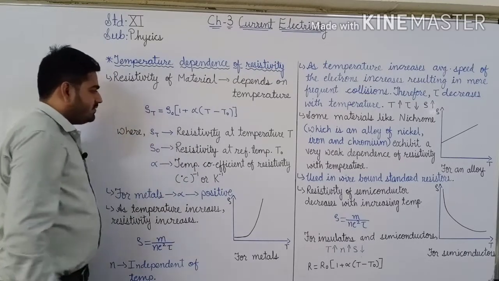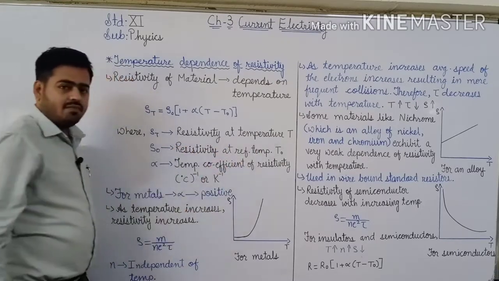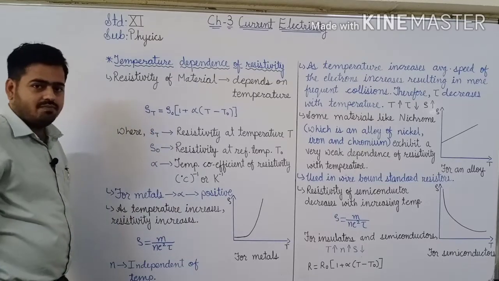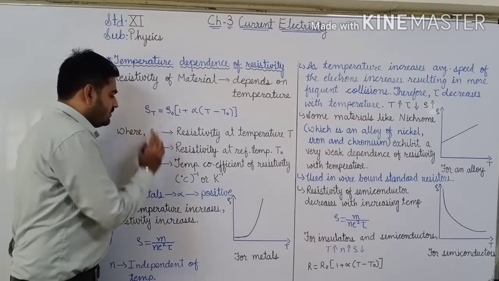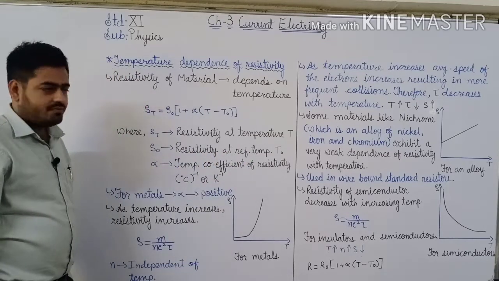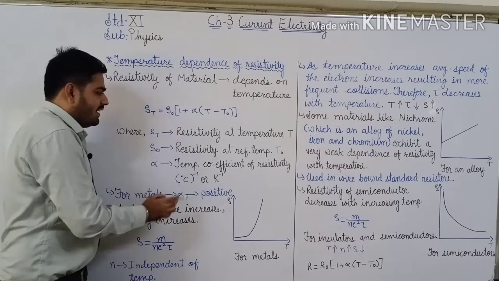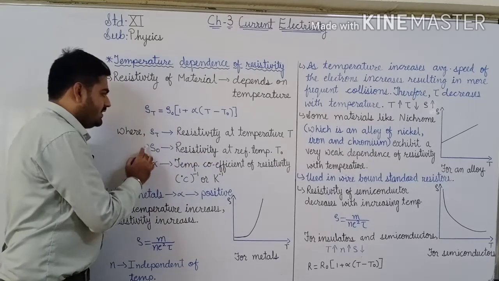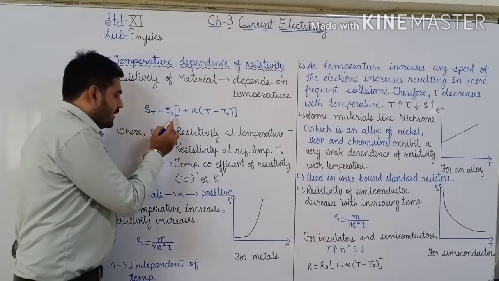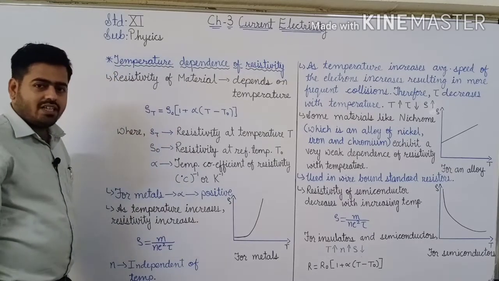Rho T is resistivity at any temperature T. Rho naught is resistivity at a reference temperature T naught. Any reference temperature we have to select. At that reference temperature, resistivity is rho naught, and with respect to this reference value of resistivity, we have to measure resistivity at temperature T.